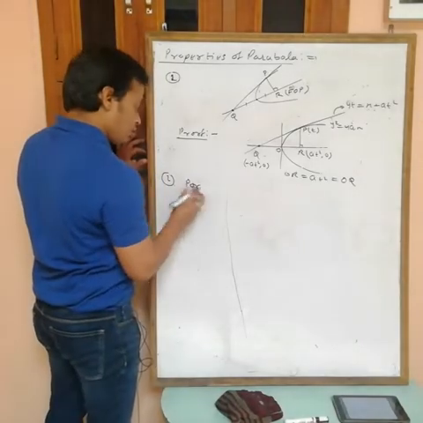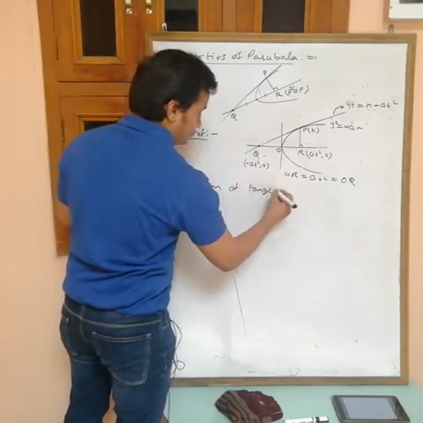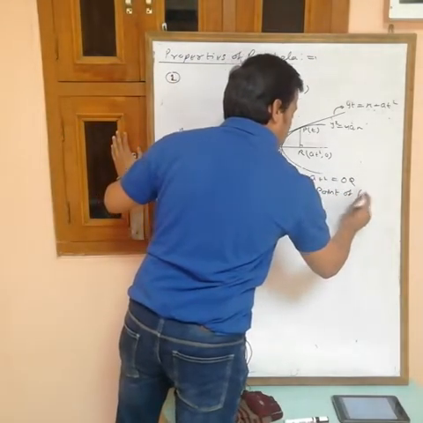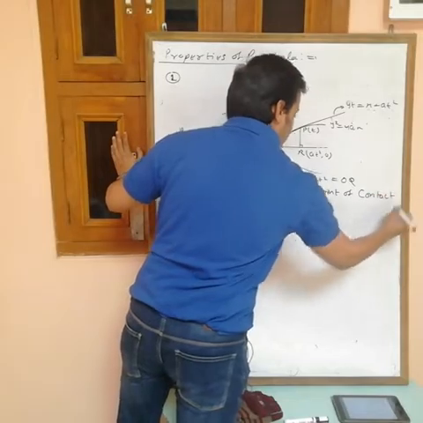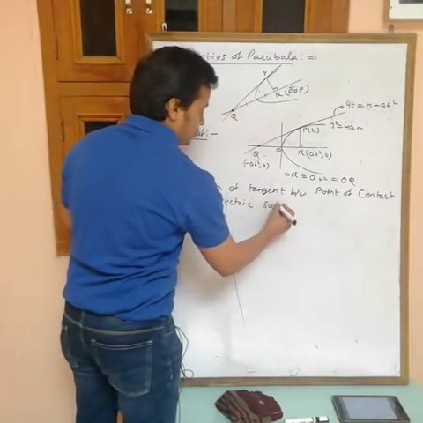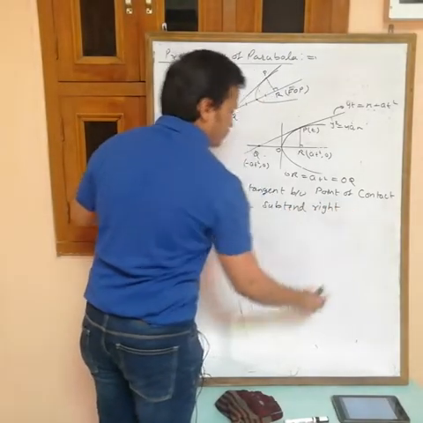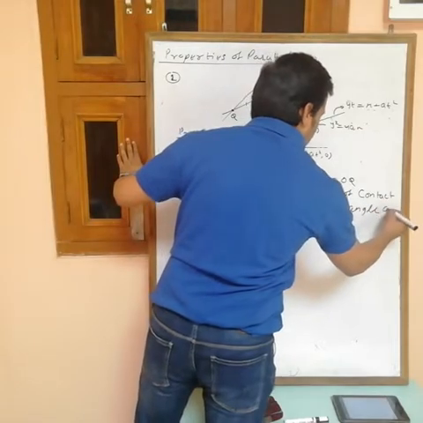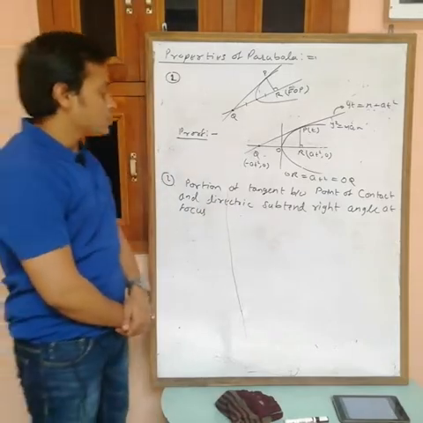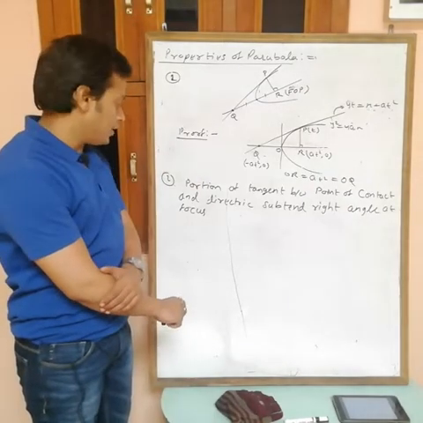The second property is: the portion of the tangent between the point of contact and the directrix always subtends a right angle at the focus.